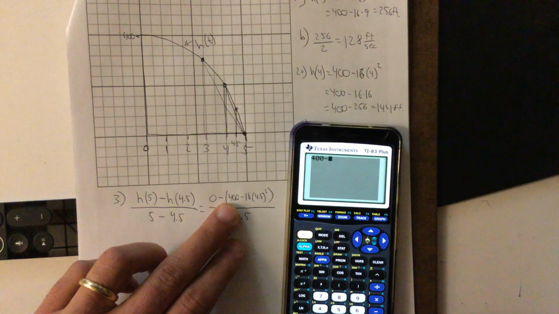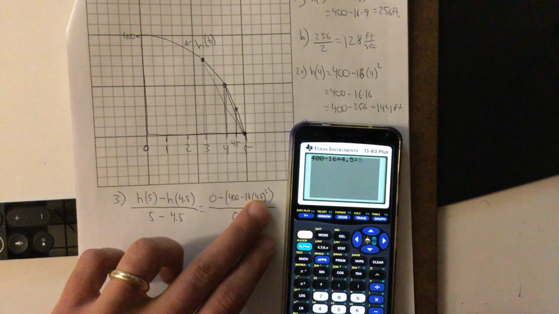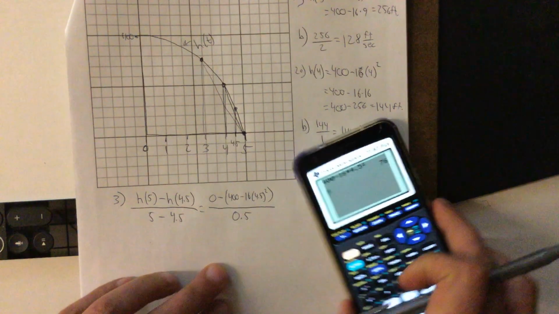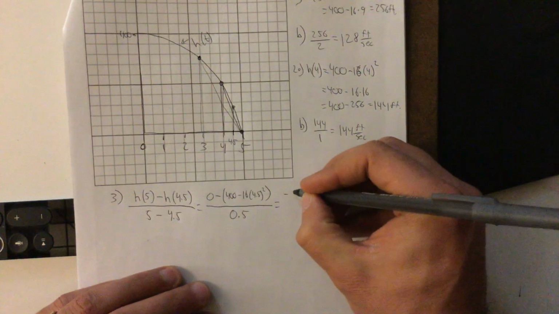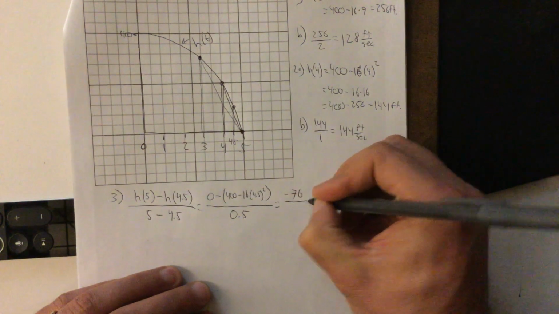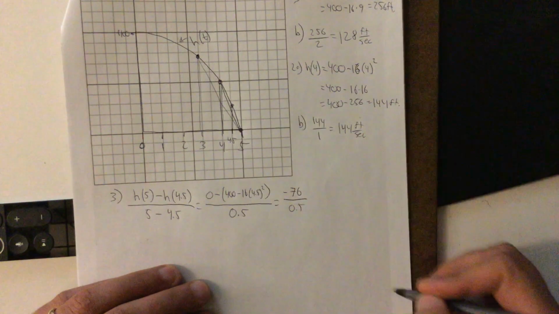400 minus 16 times 4.5 squared is equal to 76. So our change in height is minus 76 feet over this interval.